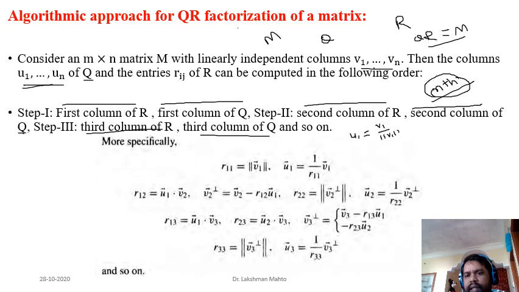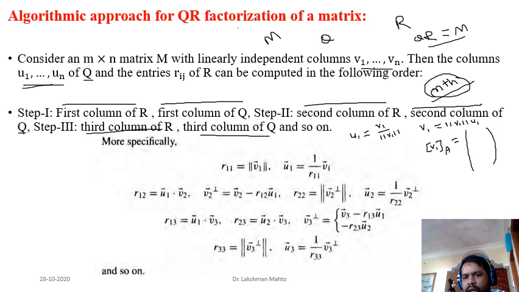So V1 is the norm of V1 times U1. If I am asking what is the coordinate of V1 with respect to the newly constructed orthogonal basis A, that would give the first column of our change of basis matrix R.